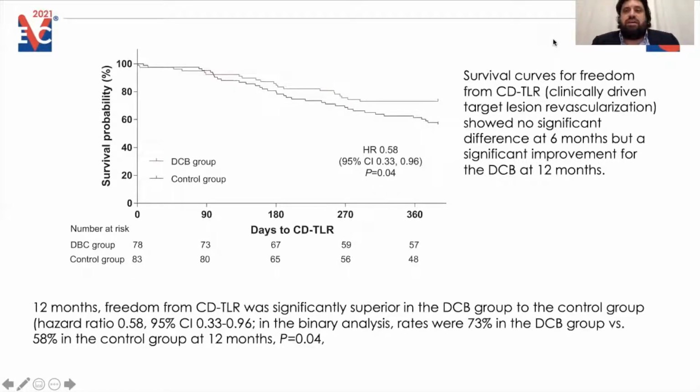The survival curve for freedom from clinically driven target lesion revascularization showed a statistical difference at 1 year in favor of DCB.